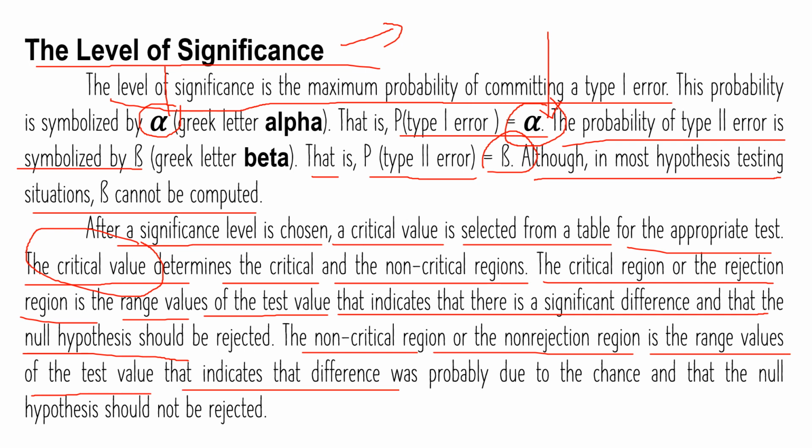Again, if your value falls on the non-critical region, then you need to accept your null. If your value falls in the critical region, then you're going to reject your null. This was probably due to chance, and the null hypothesis should not be rejected, because if your computed value falls on the non-critical region, you should accept your null hypothesis.